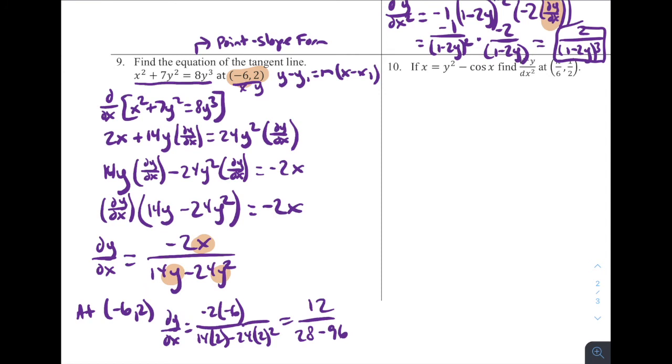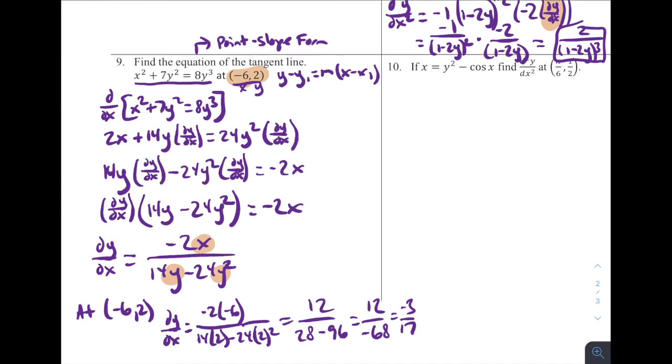So 28 minus 96 is going to give us negative 68. So 12 over negative 68. And then if we simplify that, that's going to give us negative 3 over 17.